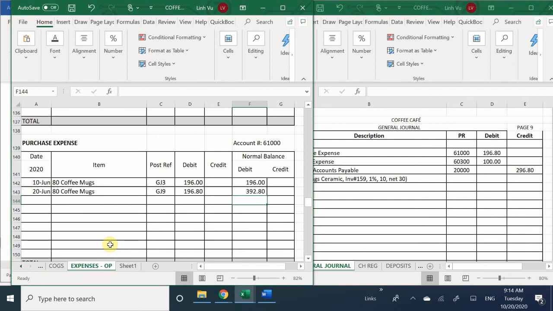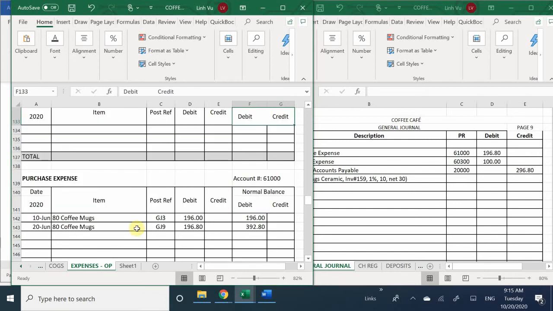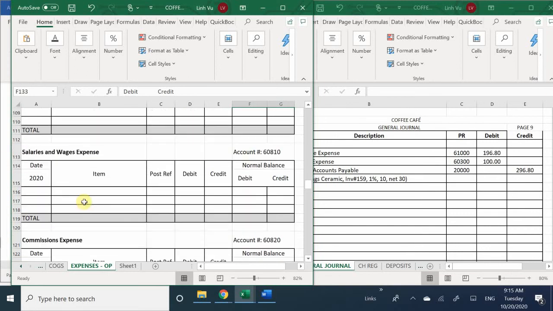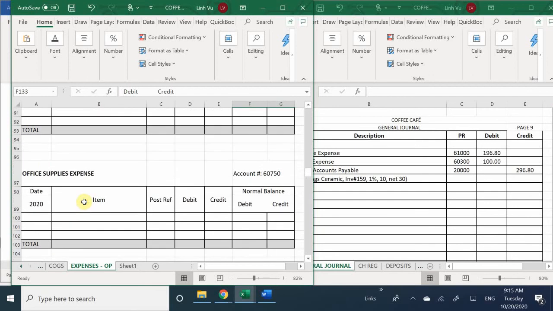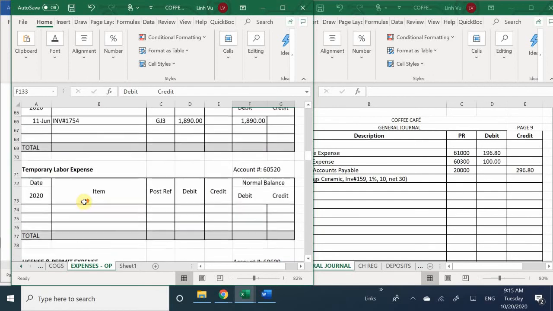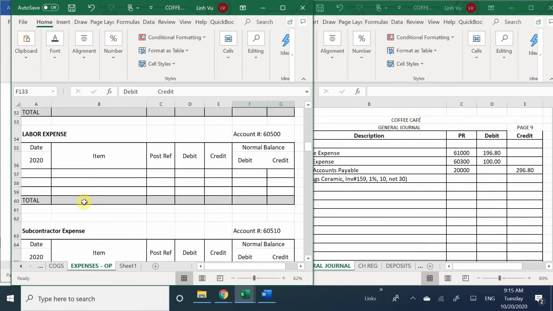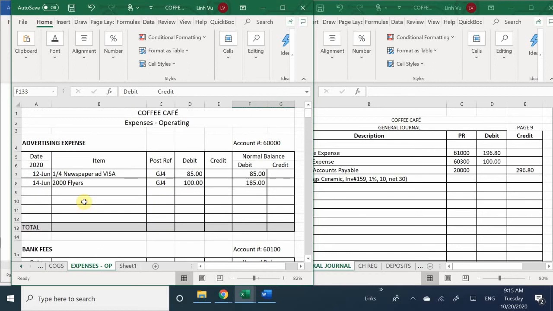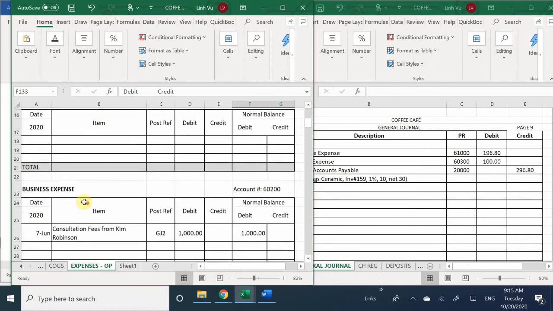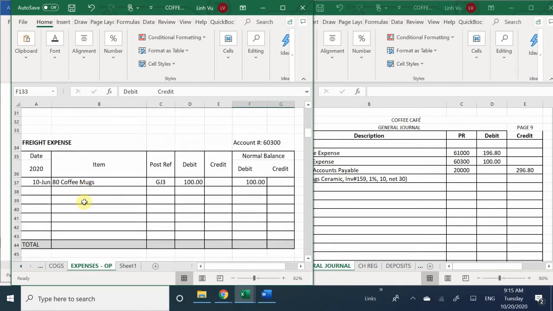Okay. Now I'm going to go to my freight expense. Here's my freight expense.